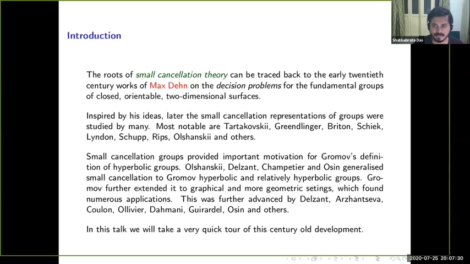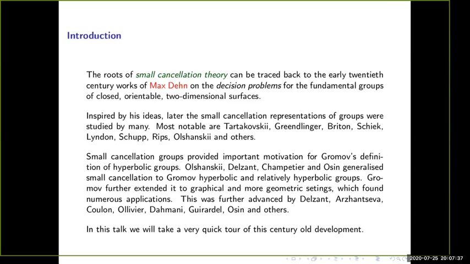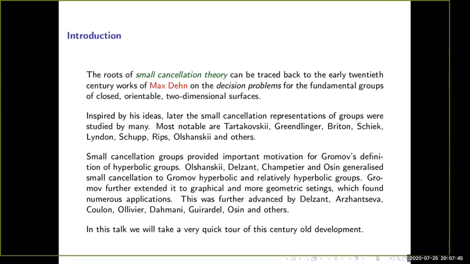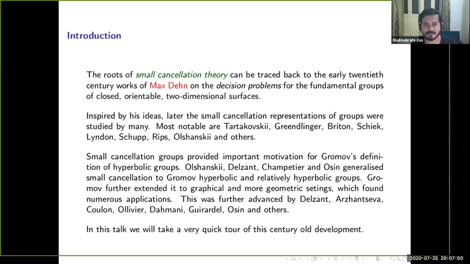The small cancellation theory is a pretty old one now. It started with Max Dehn's work on the surface groups and his work on the decision problems for fundamental groups of closed orientable two-surfaces.